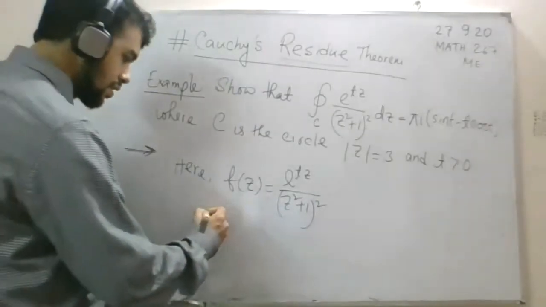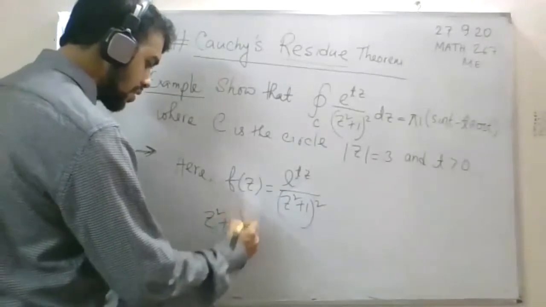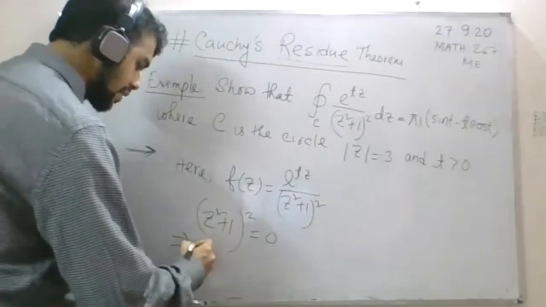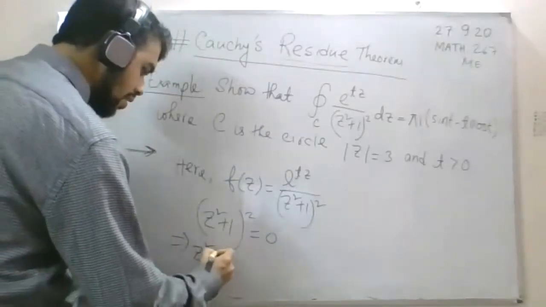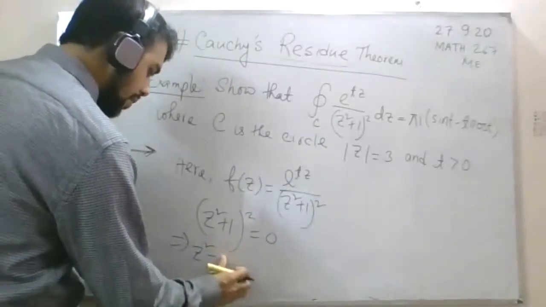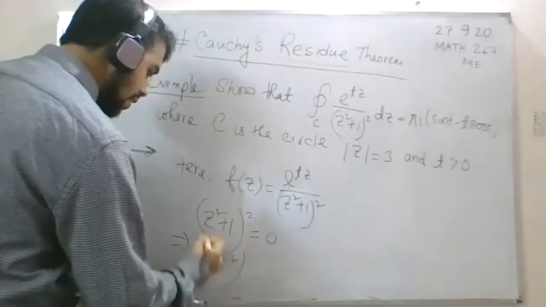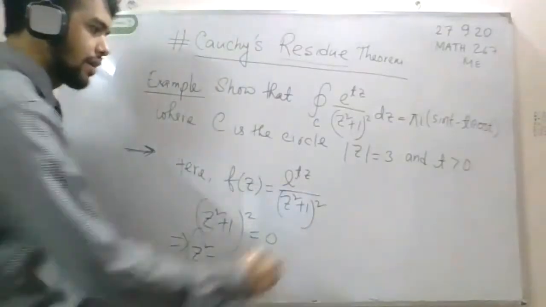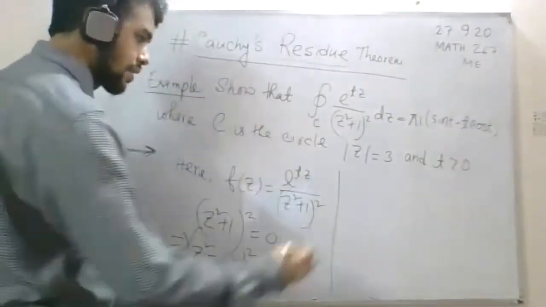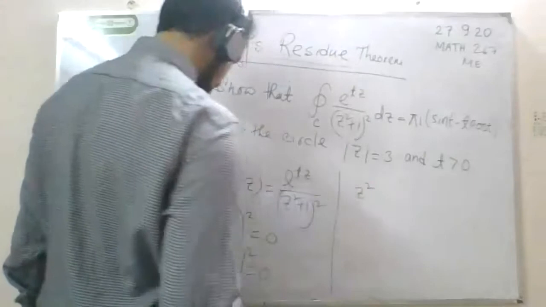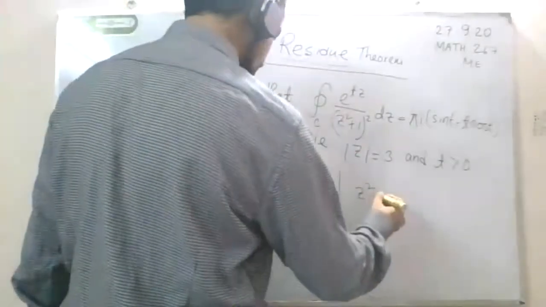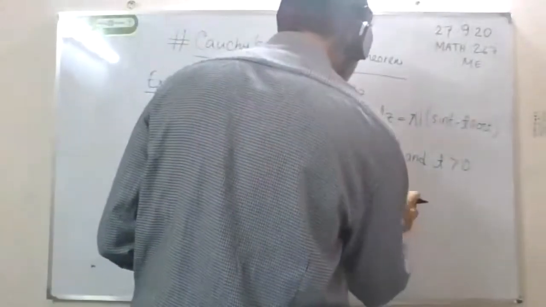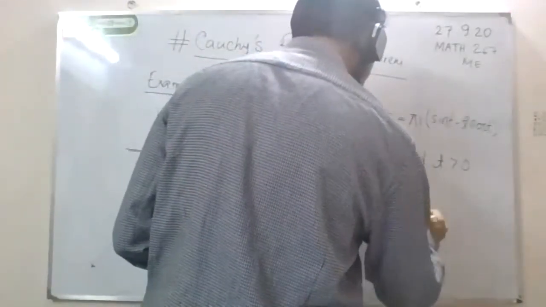So if (z square plus 1) whole square equals 0, we can say this can be (z square minus i square) whole square equals 0. And from here, z square equals minus 1, that can be written as z equals plus minus i. That means you can find i and minus i.